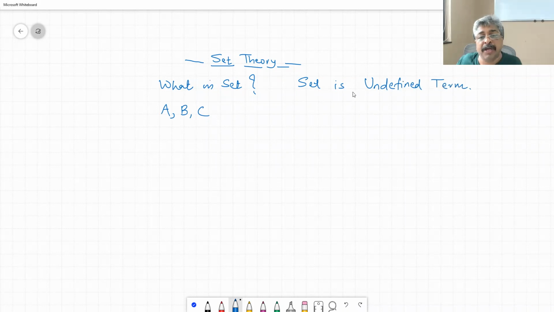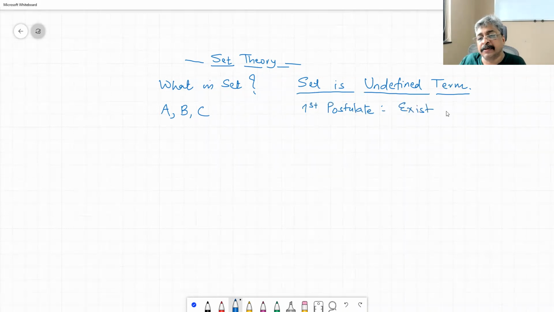Set is undefined, like in geometry, where we had a few undefined terms: point, line, plane, etc. And the first axiom, the first postulate of set theory is the existence of sets.